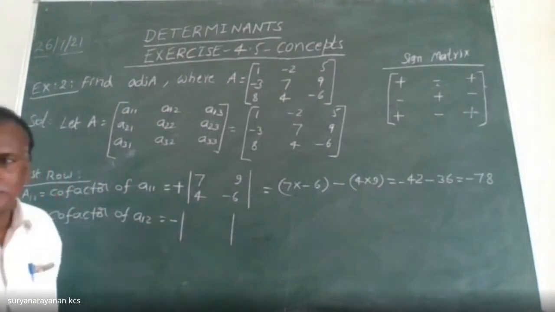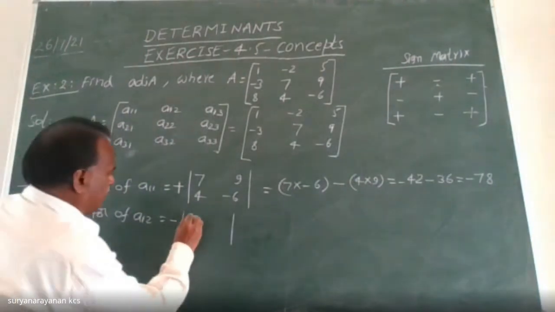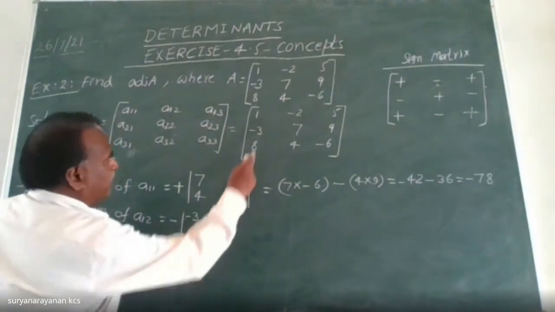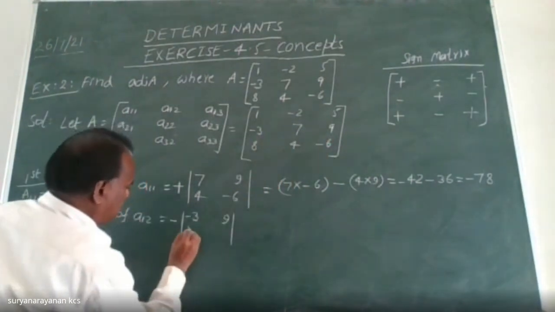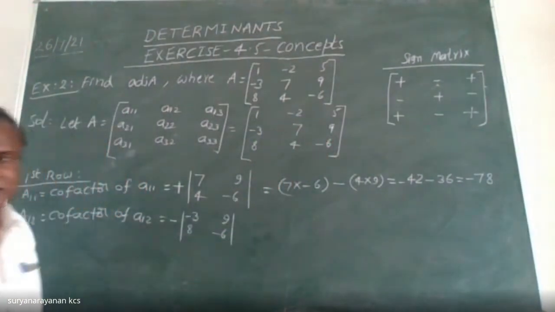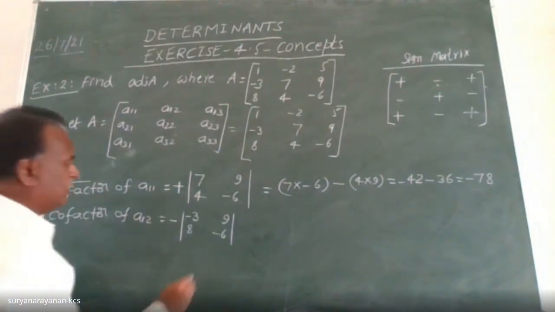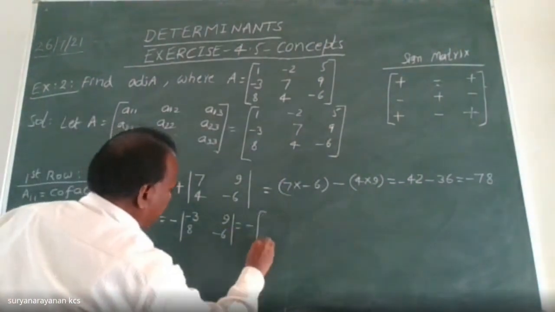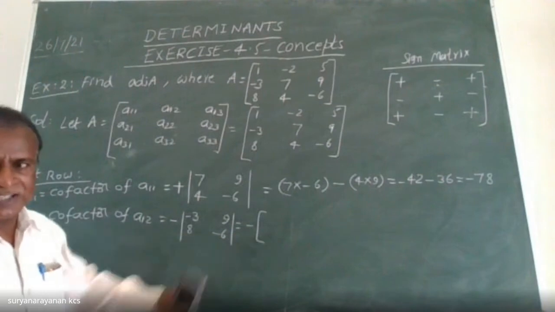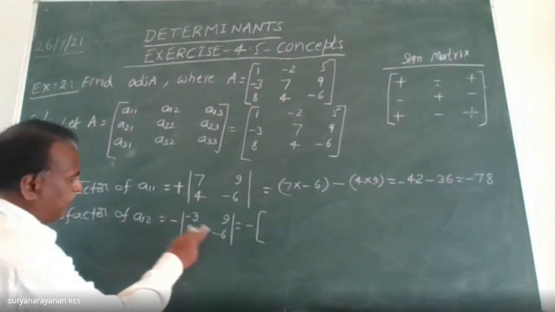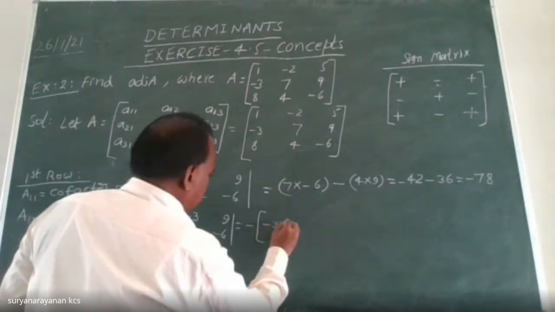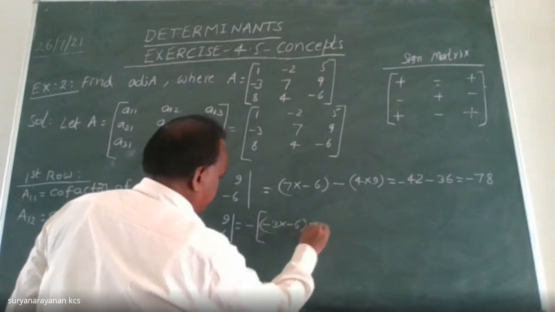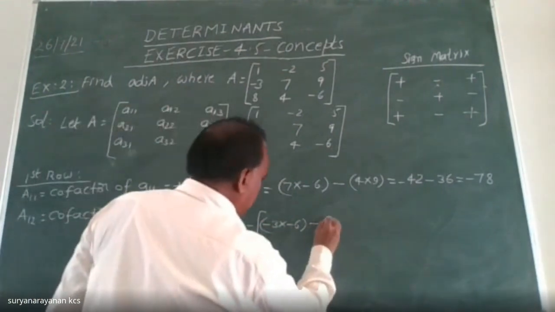Minus 3, 9, 8 and minus 6. Minus of, I will keep the minus as it is, minus 3 into minus 6, minus 8 into 9.